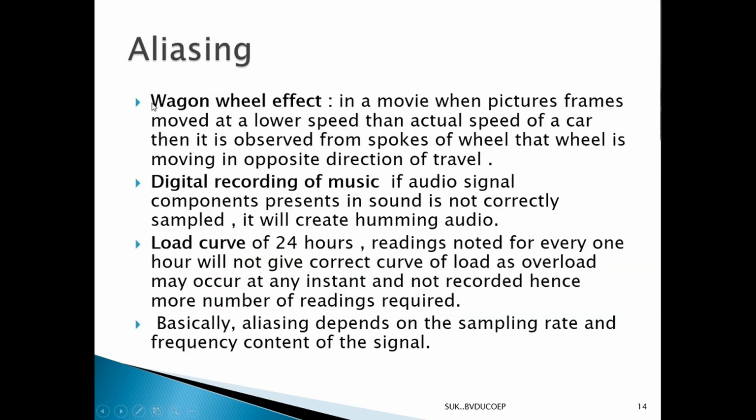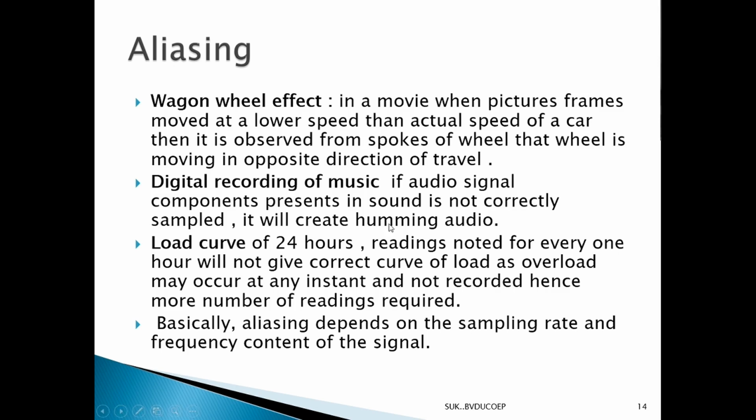So what is the effect of aliasing? It means you are sampling at a lower rate than the actual frequency requires. Take the wagon wheel effect. Suppose in a movie, you must have observed that the car is running and the car wheels are moving in the opposite direction. Or sometimes a bullock cart is moving forward and the wheels are moving backward.